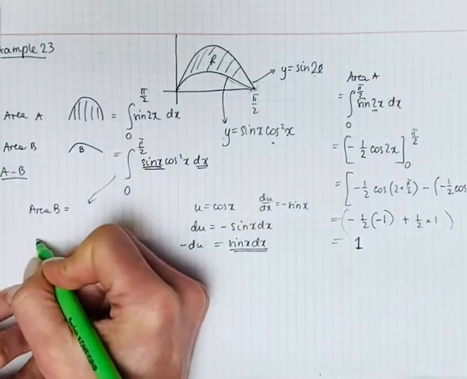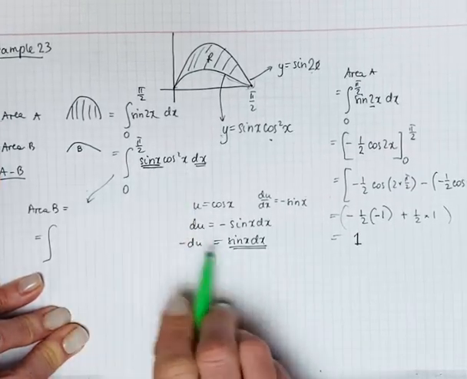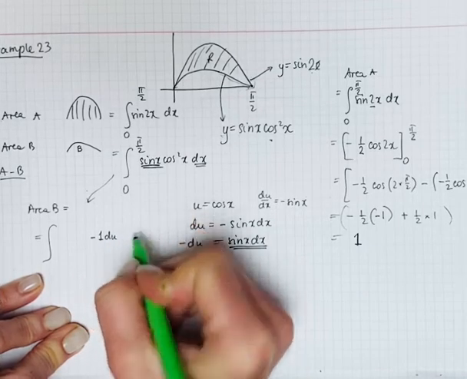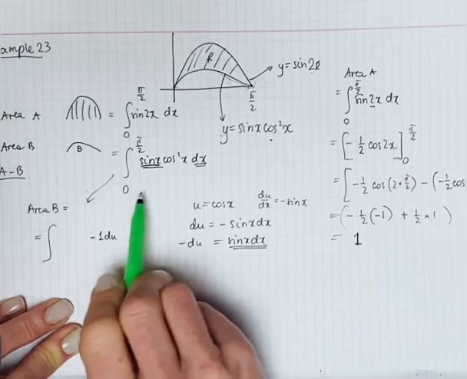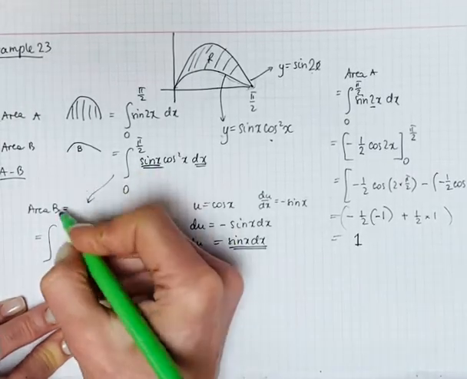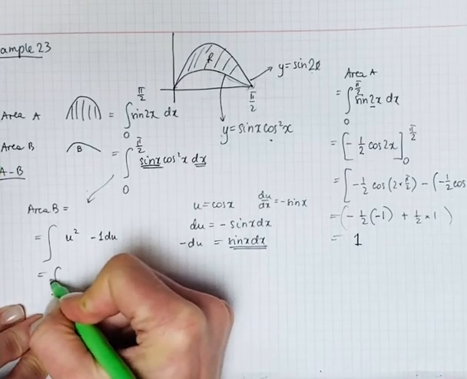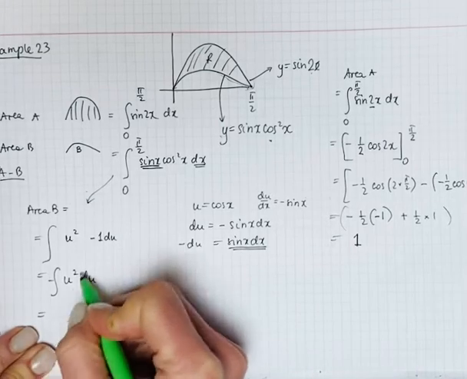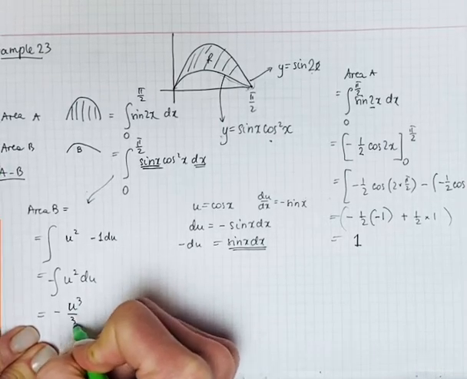Okay, so let's sub these in. So you've got sine x dx will form minus du. So minus 1 du, let's put minus 1 so it doesn't stop us from getting it right. And then cos is u squared. So it's going to be minus u squared du. So we are going to add 1 to the power, divide by that power, so it's this one.